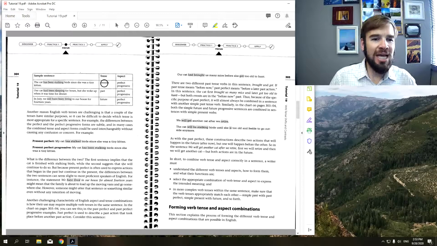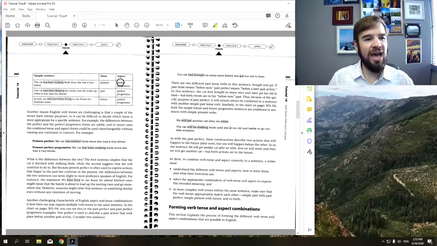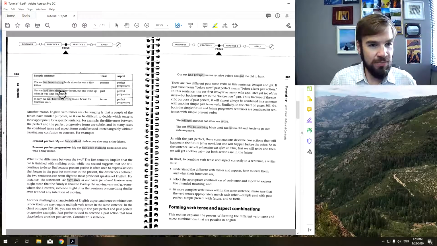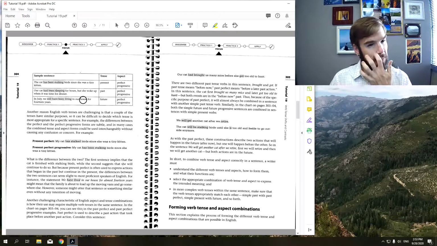The present tense with the perfect progressive aspect, the cat has been stalking birds since she was a tiny kitten. The past tense with the perfect progressive aspect, our cat had been sleeping for hours, but she woke up when it was time for dinner. And number 12, the last one, the future tense with the perfect progressive aspect, in July, we will have been living in our house for 14 years.